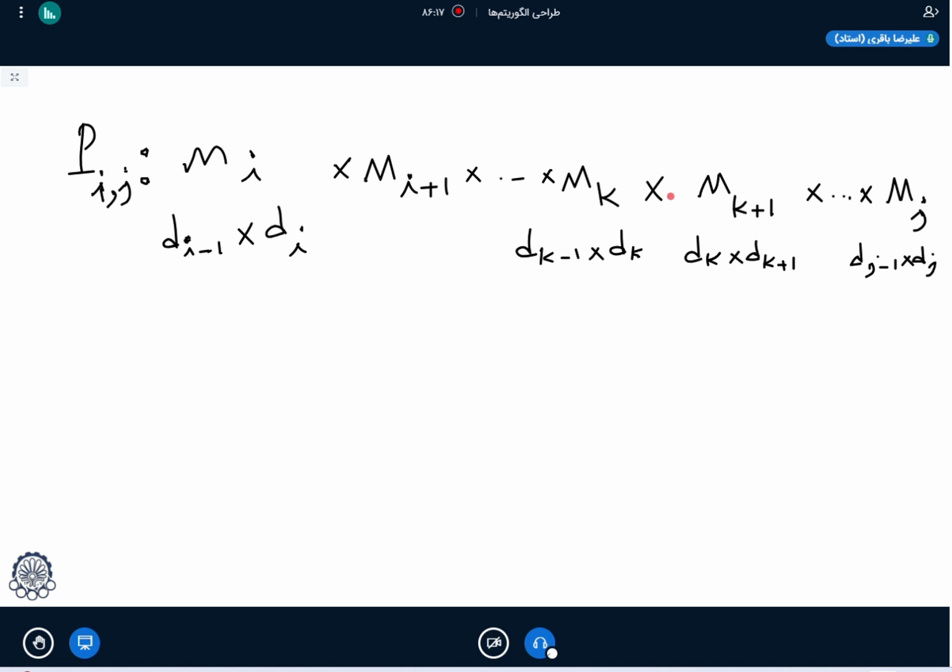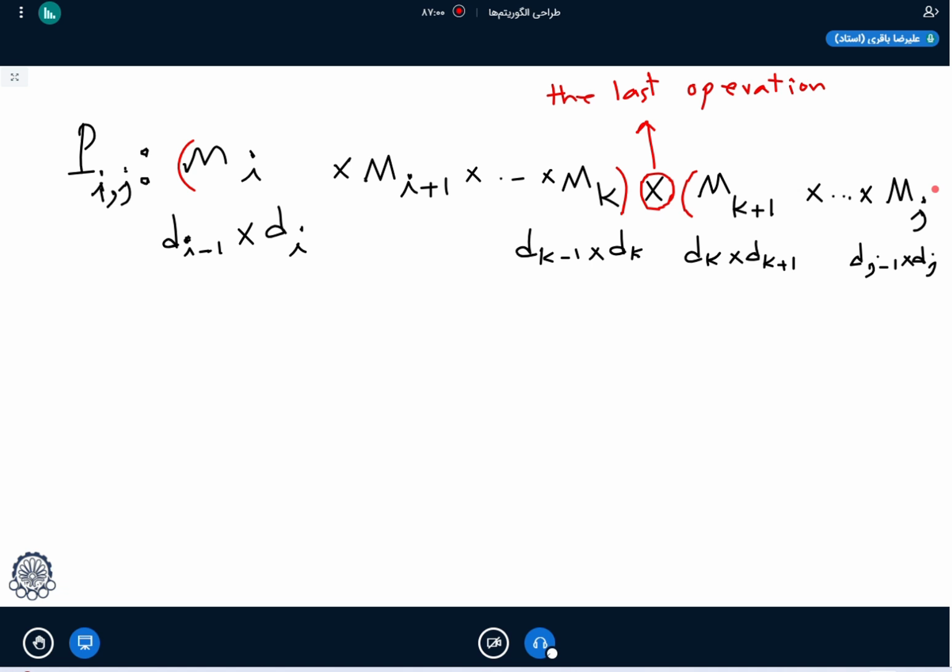But suppose that this multiplication is the last one. Suppose this is the last operation in the optimal parentheses. We do not know which one is the last, but assume that this is the last one. If this is the last one, then in the optimal parentheses, the left side parentheses is computed separately.